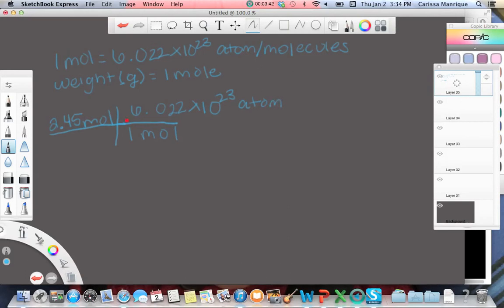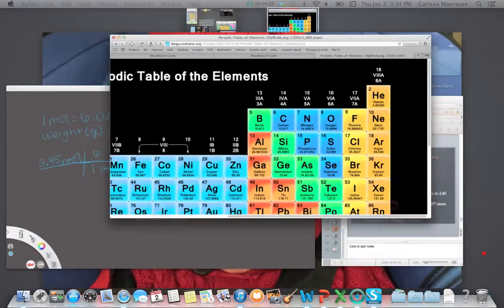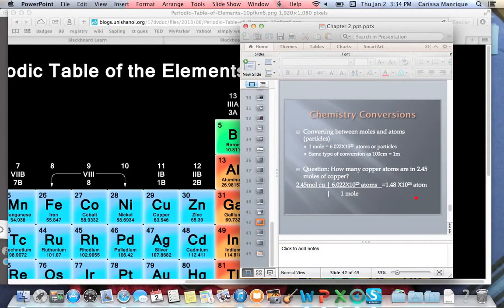Remember, I put the 1 down here so it could cancel out. So now this cancels out, and I just have 2.45 multiplied by 6.022 times 10 to the 23rd. And let me see if I have the answer on here. Yes, I do. 1.48 times 10 to the 24 atoms.